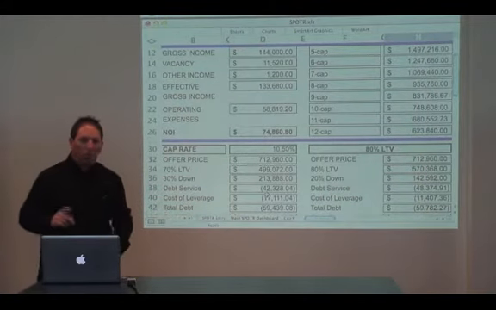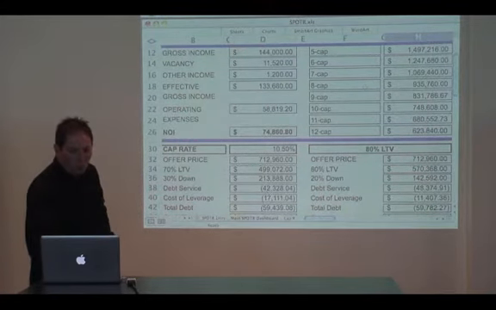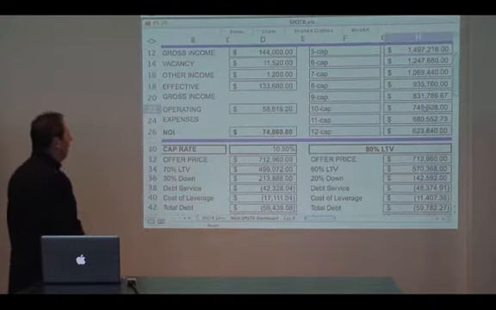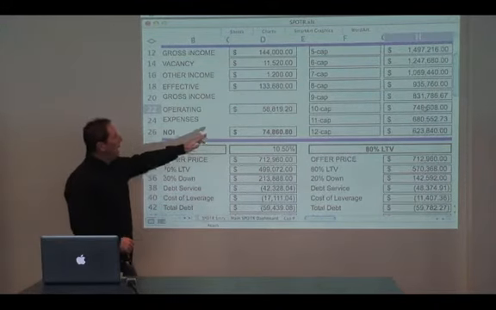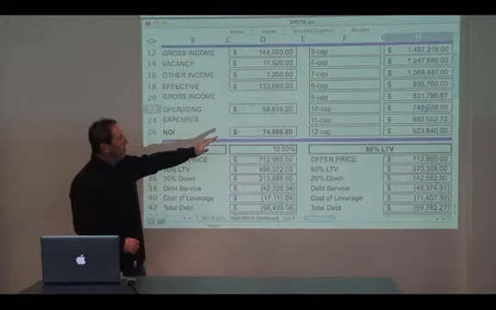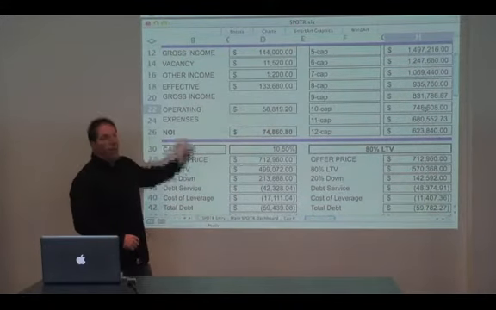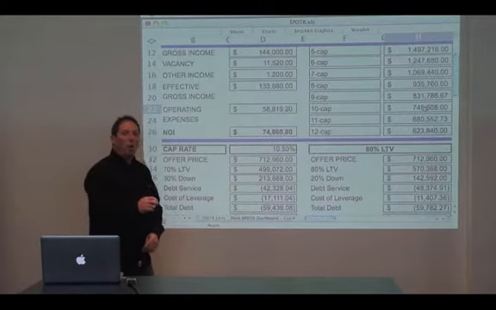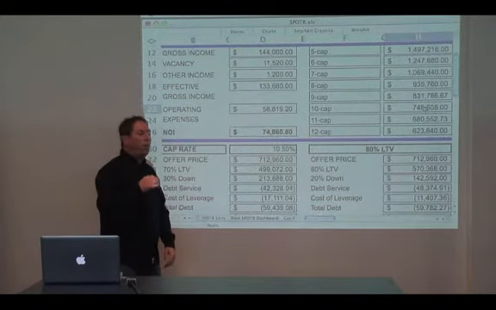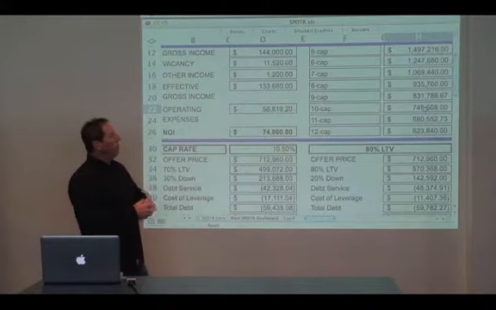Now, let me show you this. On the right side, I have a capitalization overview. So based on the NOI and the asking price, the right side is telling me what the property is valued at at the different cap rates.